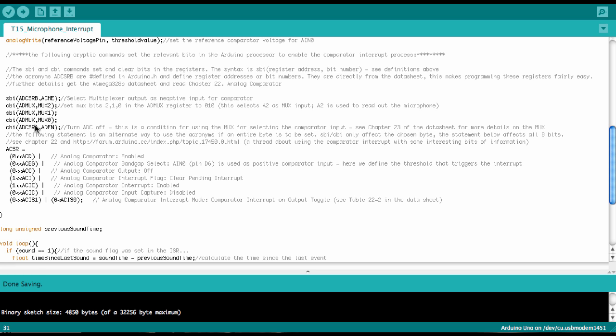And here we turn the ADC off, which usually is connected to the multiplexer. If you want to use it for the comparator, you have to turn it off. So there is this register, ADCSRA, and we need to clear the bit that's called ADEN.